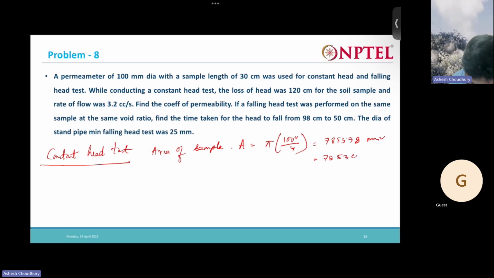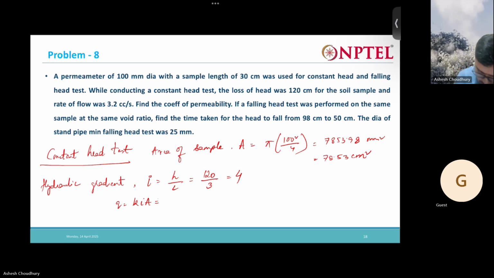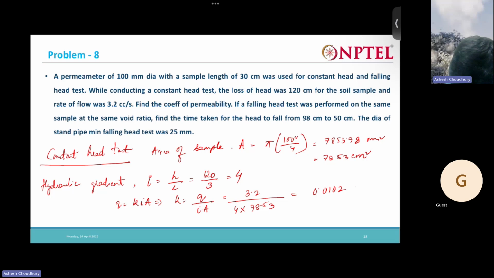Plus 78.53. Okay, K equals Q by iA. So Q is 3.2, and i into A is 78.53, out of which we get 0.0102 per second.